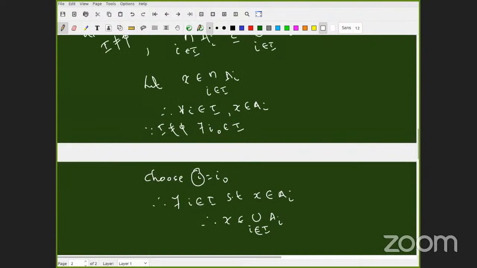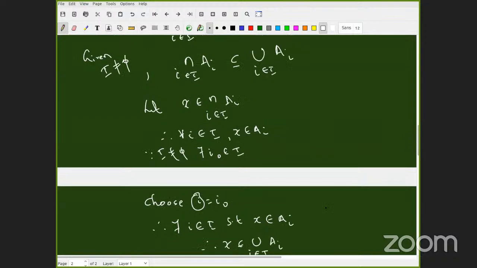I'm giving you 30 full seconds. If you are through, say yes. But don't be in a hurry. Go through the proof. I am putting everything so that you can see the proof also.